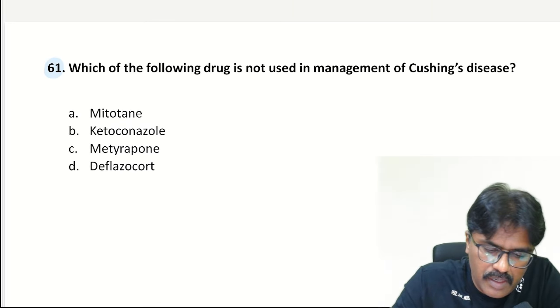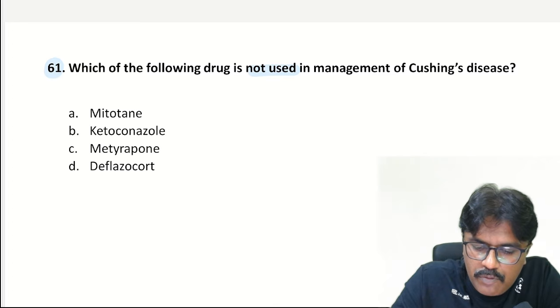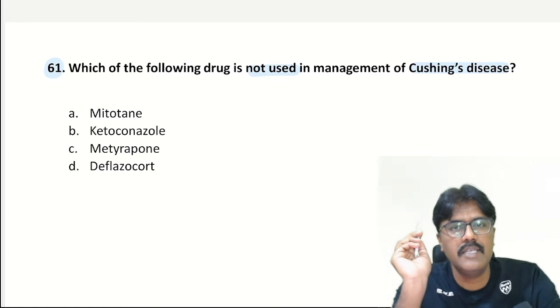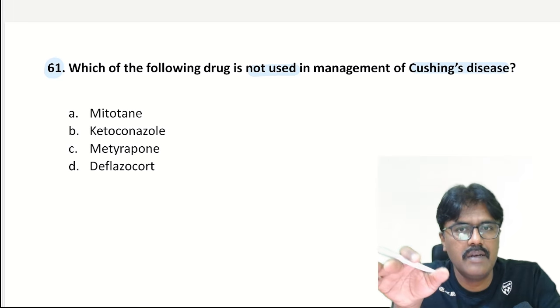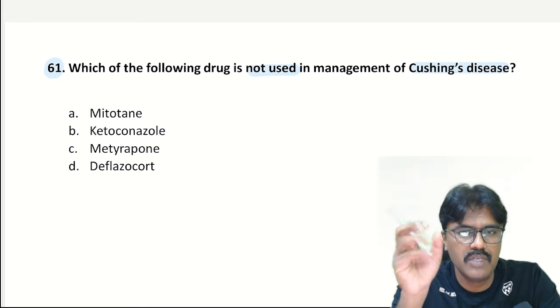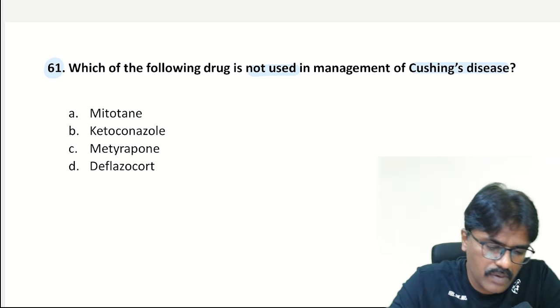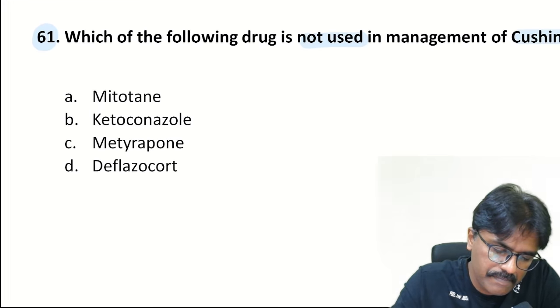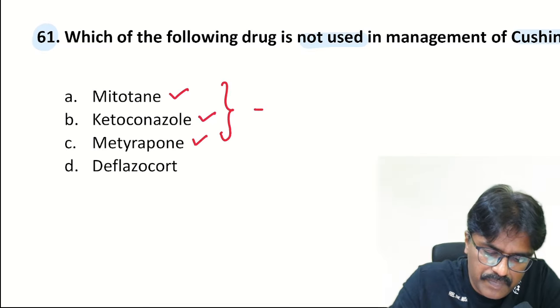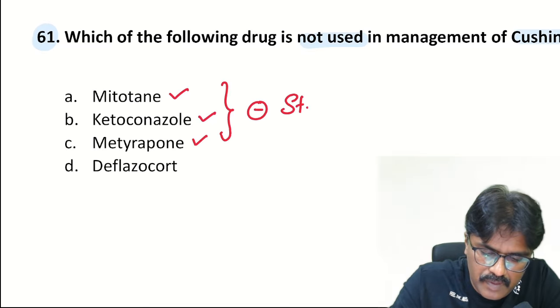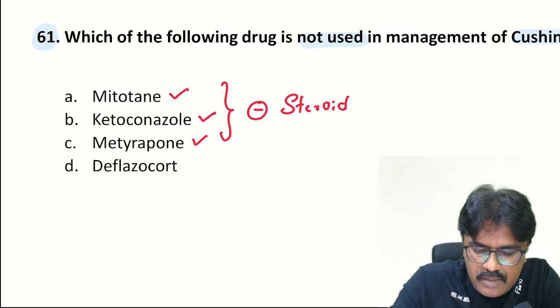Which of the following drugs is not used in the management of Cushing's disease? What is Cushing disease? The problem is in the pituitary. The pituitary is stimulating the adrenal gland to produce steroids. So steroid is being synthesized. What drug is not used? Metyrapone is used. Ketoconazole is used. Metyrapone and the like are used, because all these drugs inhibit steroid synthesis.